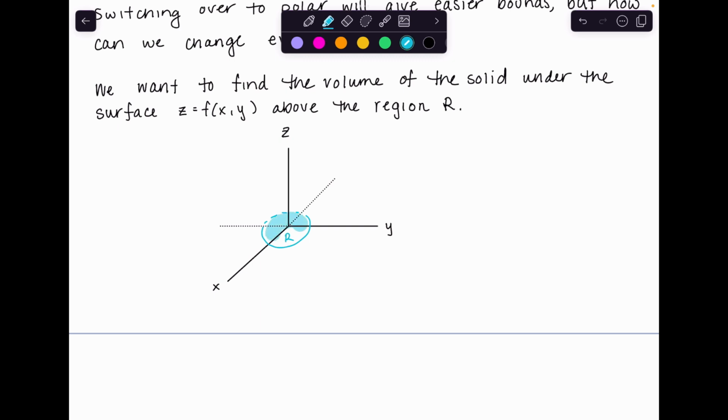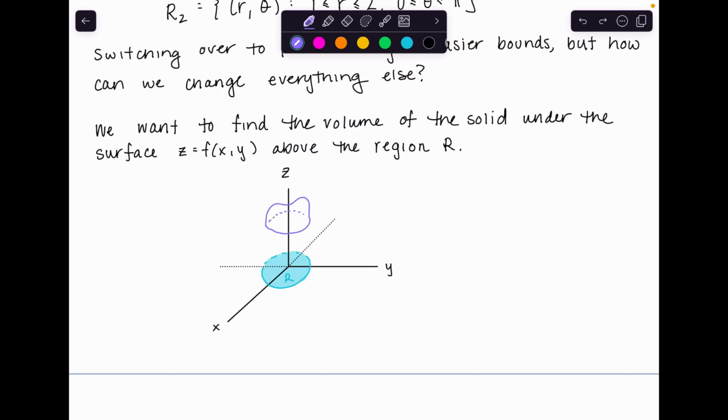And a circle can easily be described in polar coordinates. And so I have some function, maybe it's way up here, and it does something funky, I don't know. Looks like this. Okay. What I'm trying to figure out is what is the volume underneath this surface above this region R. So basically, what does this solid end up having as a volume? So we could connect down those sides. Okay.